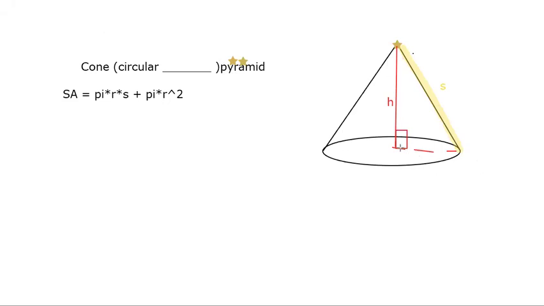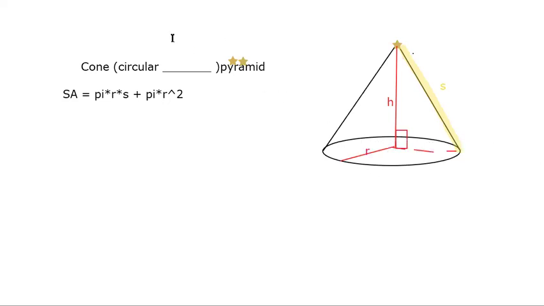Now, this short leg of your right triangle, what is it? This bottom piece, there's a name for that on a circle. Oh, I hope you see it. That's your radius.